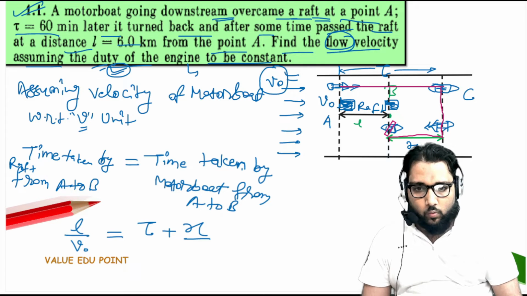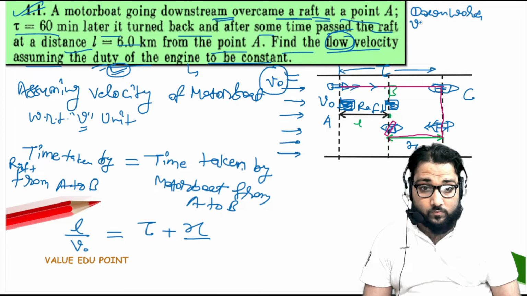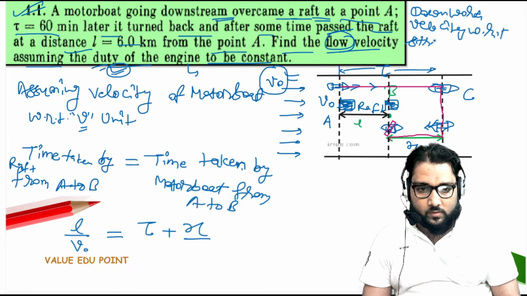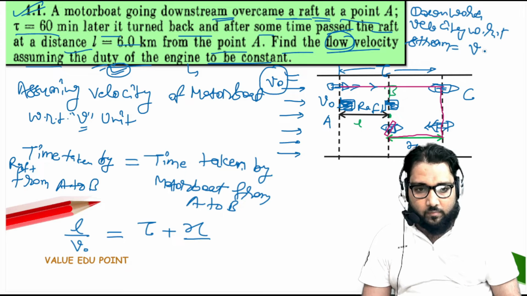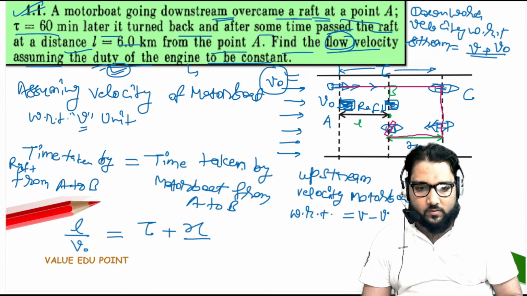In case of downstream, when the motorboat goes downward, the velocity of the motorboat with respect to the water or stream will be v plus v naught. And in case of upstream, remember guys, this is the velocity of the motorboat with respect to water, that will be v minus v naught.